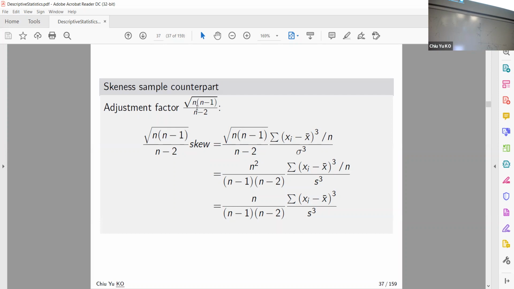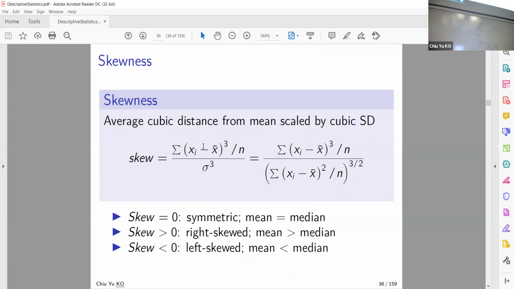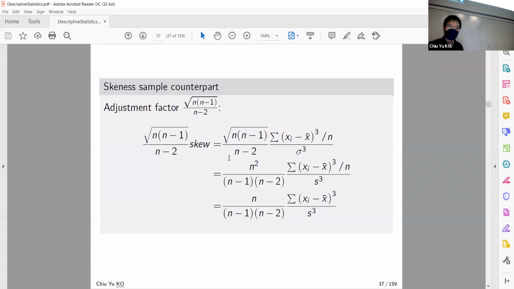So I claim the theoretical meaning is this one, which we know has a nice interpretation. But when you're actually using it to estimate what's going on, you use the more complicated one, multiplied by something very weird. As I said, I'm not going to explain why we multiply by this weird stuff.